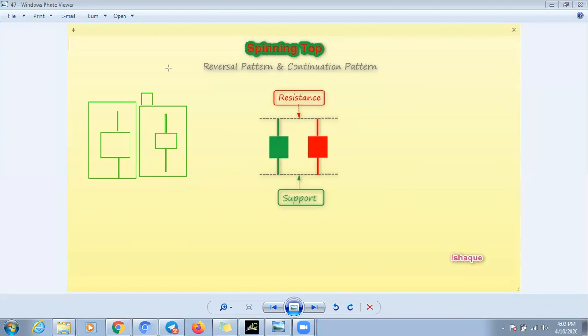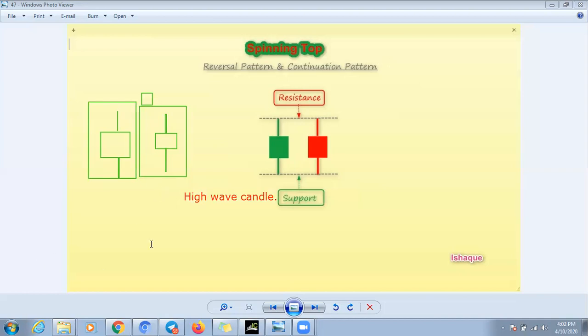The name is high wave. High wave is a pattern. Okay, high wave candle. It's the same as a spinning top, but sometimes it's working, sometimes it's not working. Okay, high wave candle. So now we are moving to the chart and finding the examples.